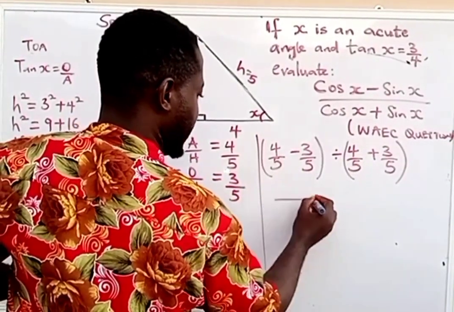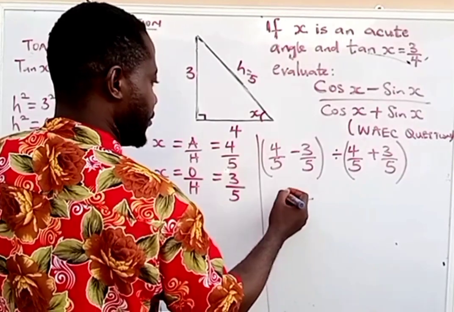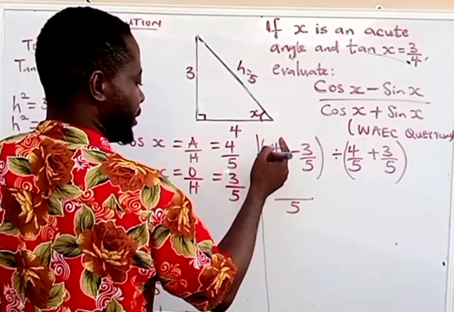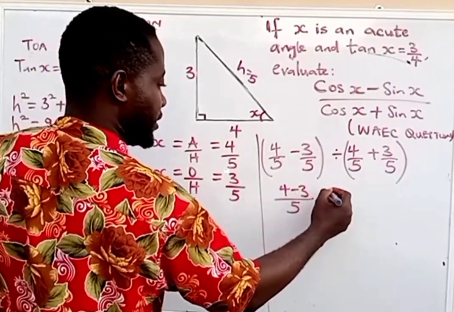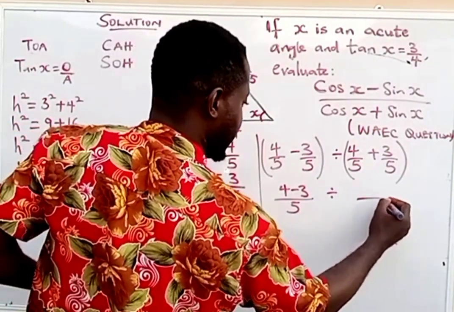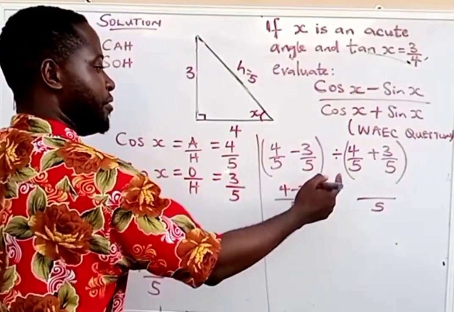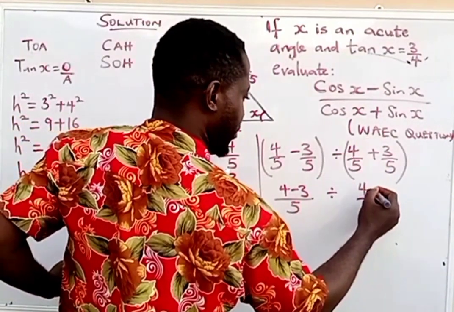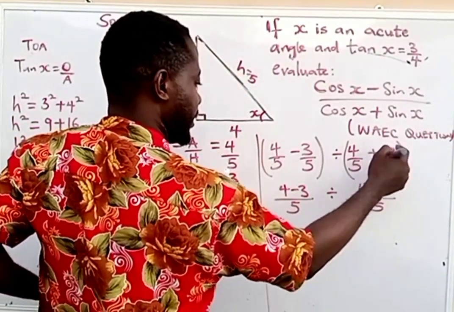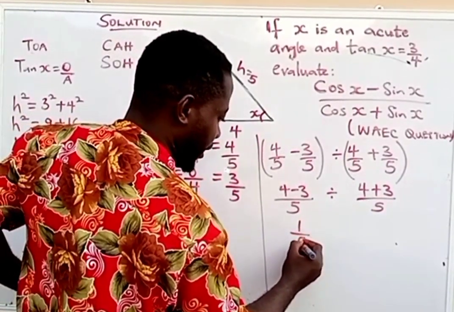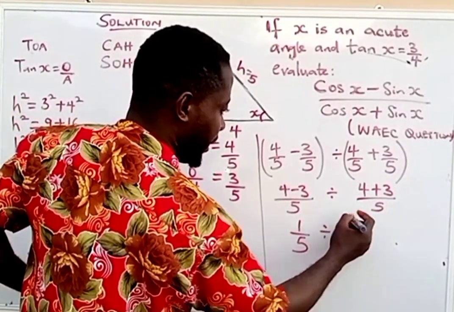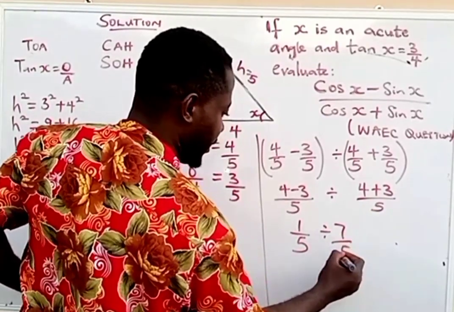If I find the LCM of this, it is 5. 5 into 5 is 1, 1 times 4 is 4. 5 into 5 is 1, 1 times 3 is 3. The LCM of the other one is also 5. So the numerator becomes 4 minus 3, and the denominator 4 plus 3. So I'm going to have 1 over 5 divided by 7 over 5.